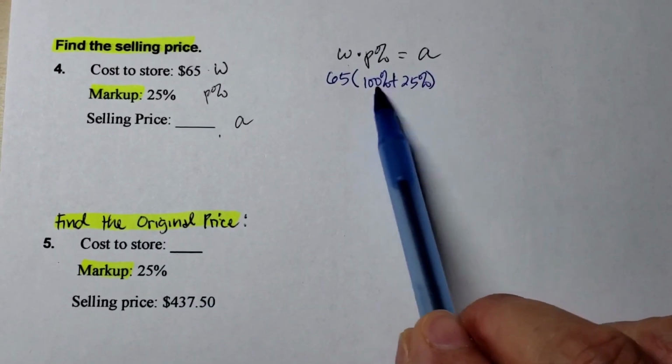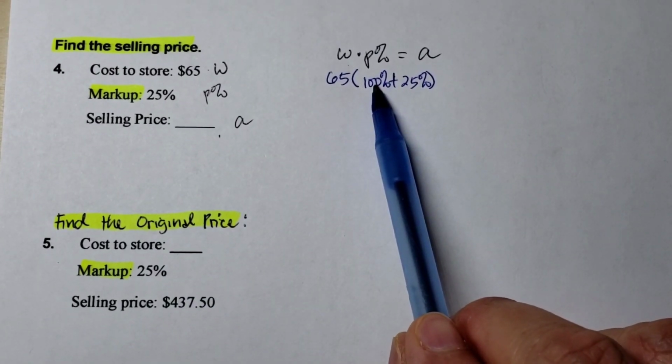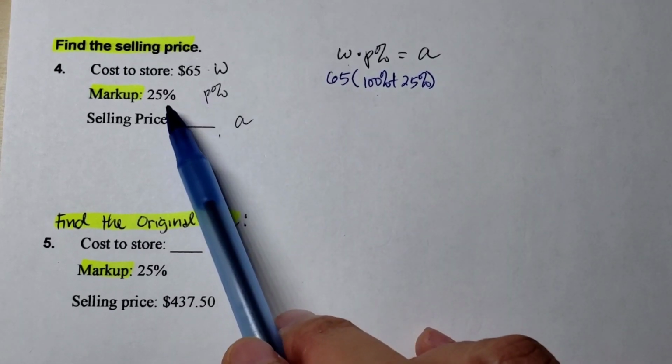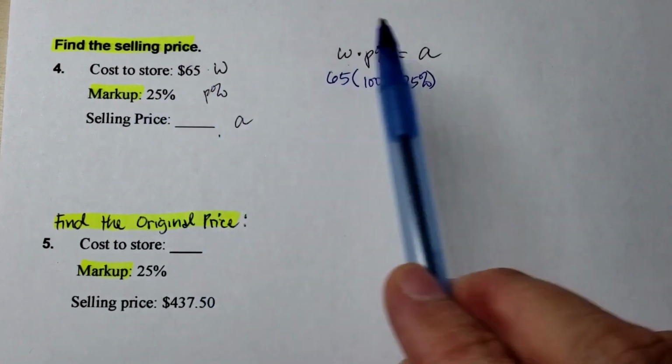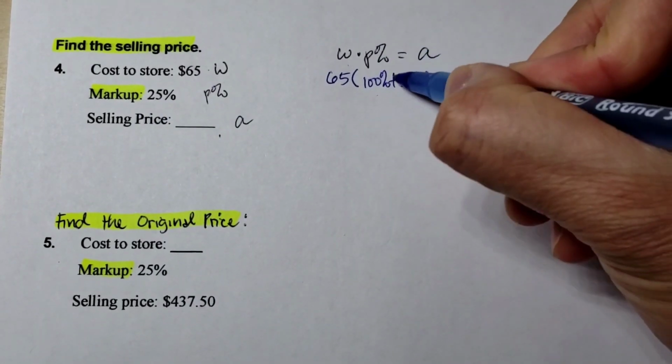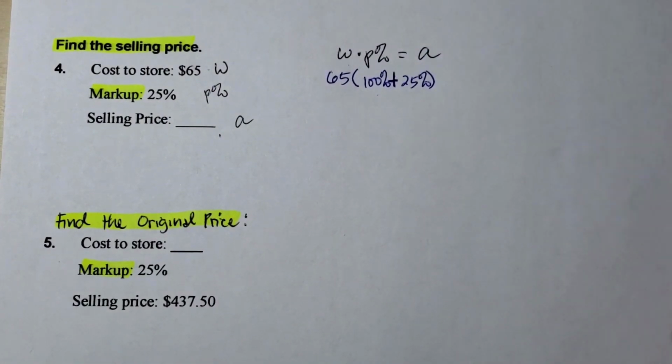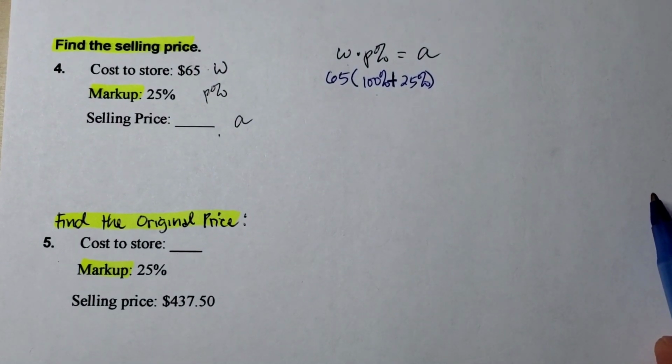So we're adding 25%. In discounts, we subtracted the percent of discount. For the percent of markup, we're going to add the percent of markup. Please watch my previous video to understand what I'm saying regarding this equation.